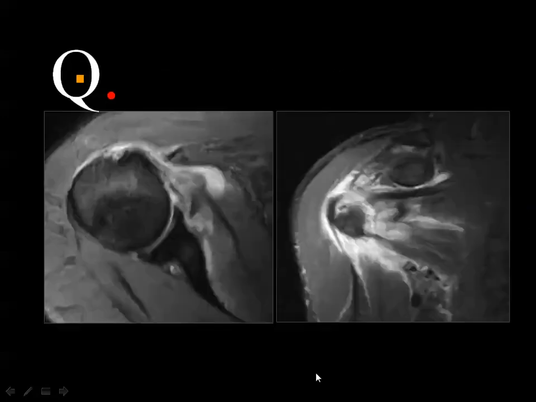Yes. MRI of the shoulder, axial, and the coronal. Yes, this is the subscapularis tendon tear. You see, the subscapularis tendon is not reaching the lesser tuberosity.